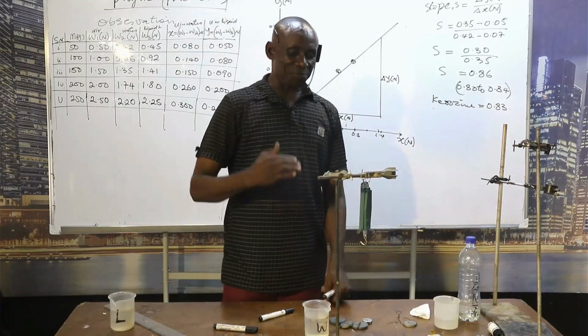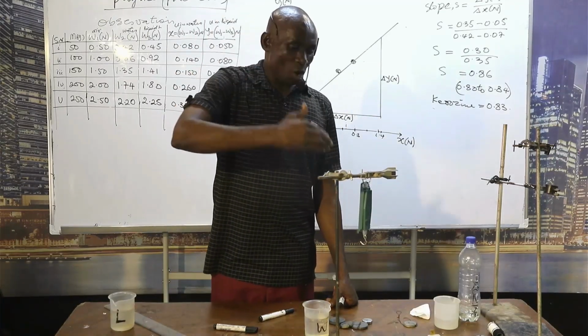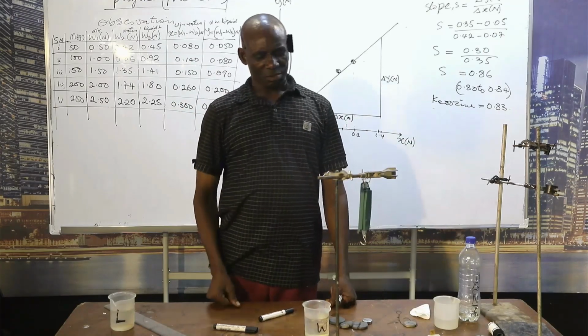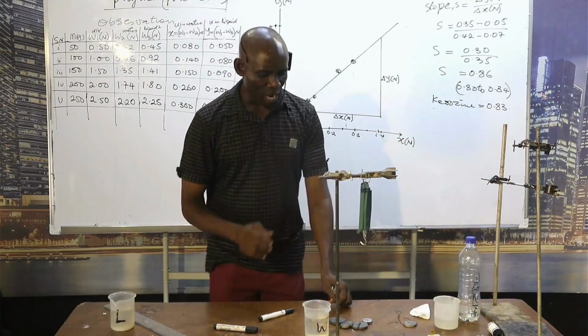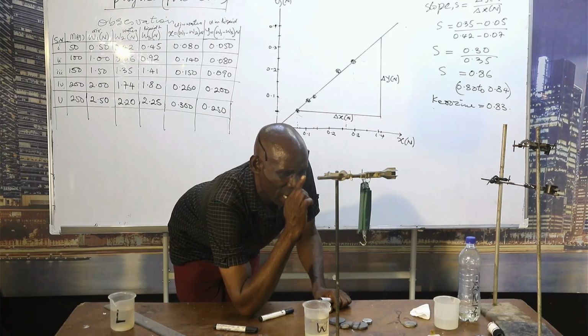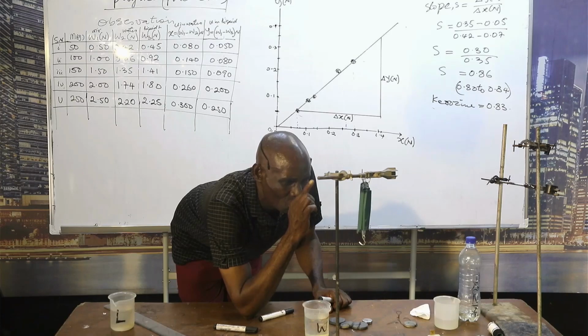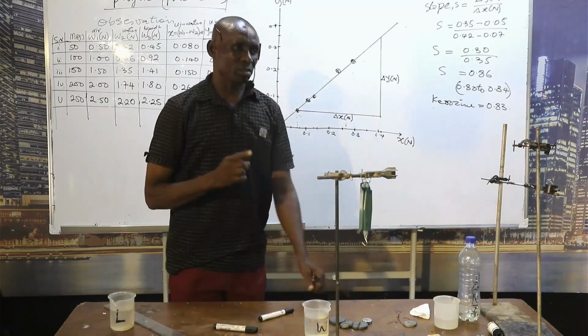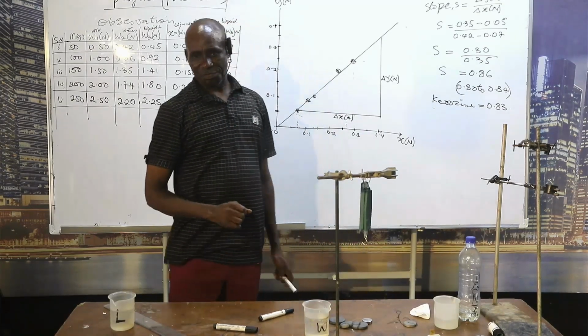Which means if I view from above, I will not be able to get the actual reading. But if I take the reading directly where the point is, just like I did, I'll be able to note the reading directly, the exact information.